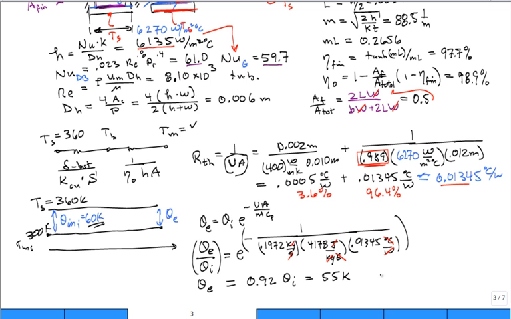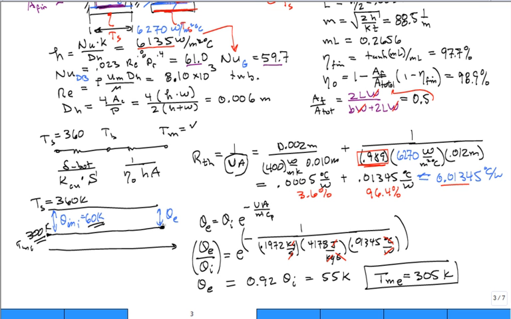So the fluid temperature coming out, T_m on the exit, is 360 minus the 55. It comes out at 305 Kelvin. The temperature came in at 300 Kelvin, so it goes out just 5 Kelvin higher.